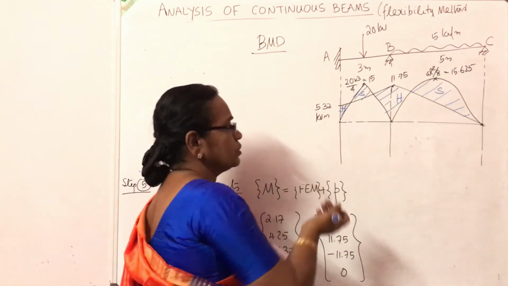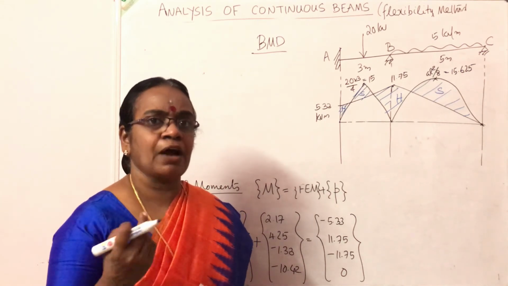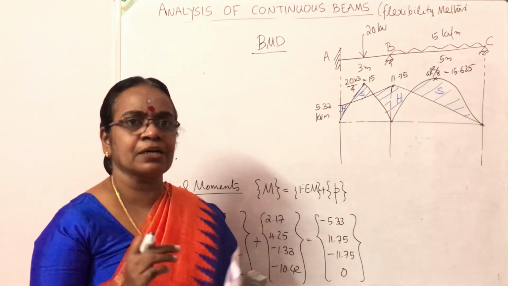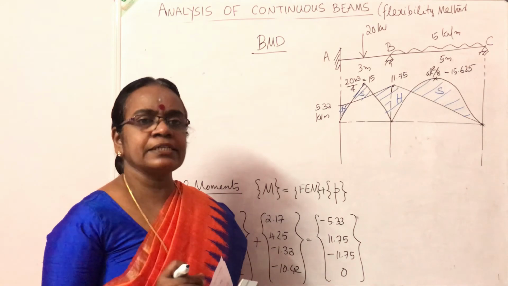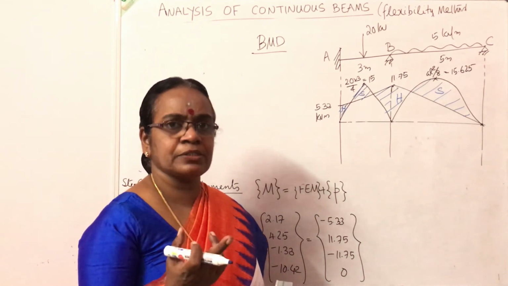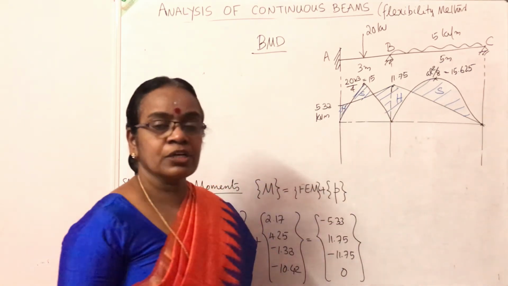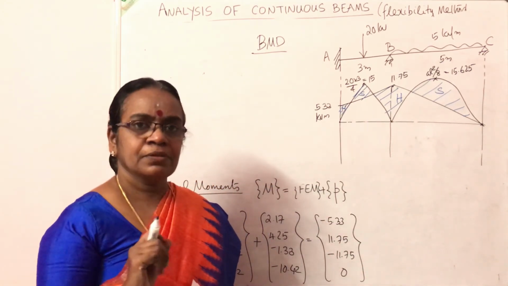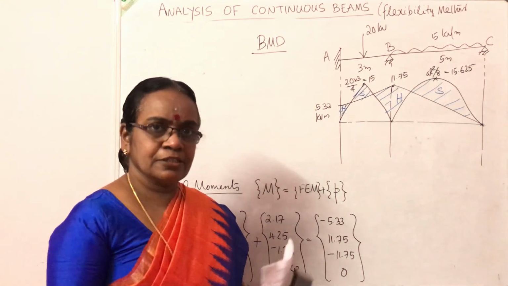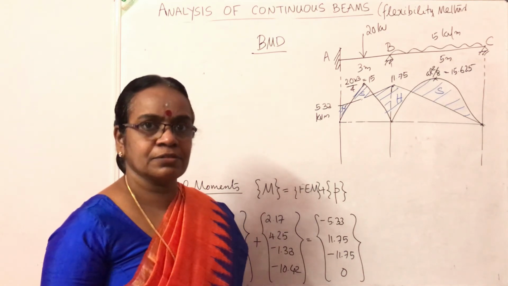And in the span portion, it will be sagging, producing tension down. So for a continuous beam, you have to give the reinforcement accordingly. Bending moment diagram is drawn to get an idea about where to provide the reinforcement. Where there is tension, you have to provide the reinforcement. So at the support portions, you provide the reinforcement. Hogging means towards the top of the beam, that is above the neutral axis. And in the span portion, you provide the reinforcement below the neutral axis.